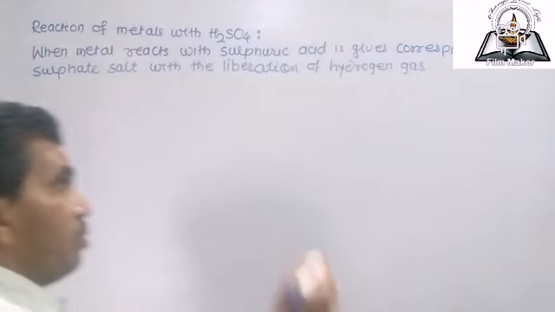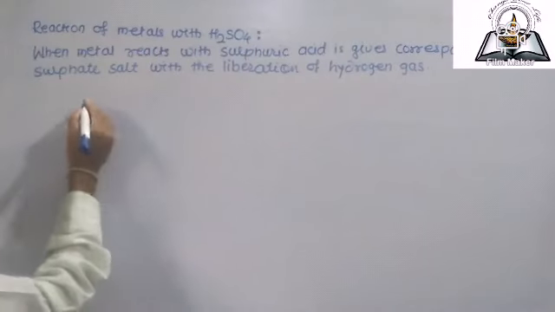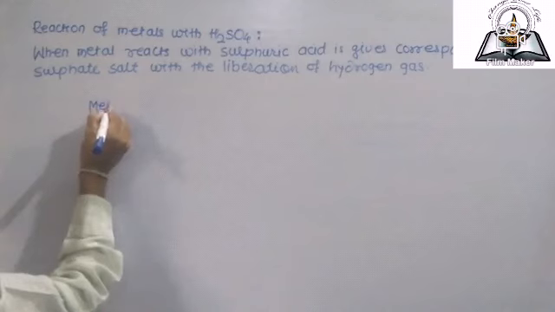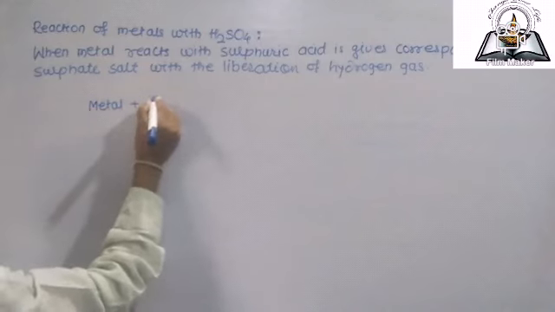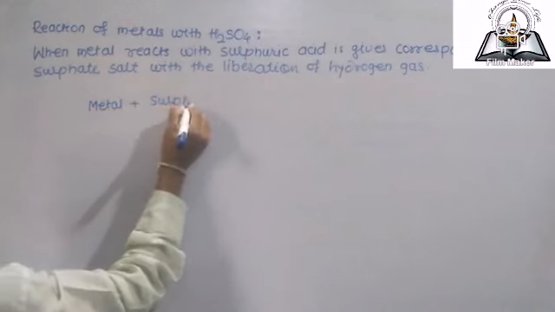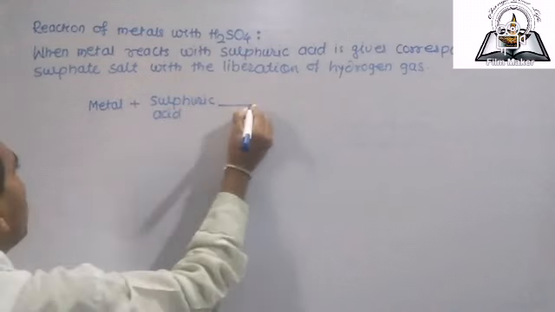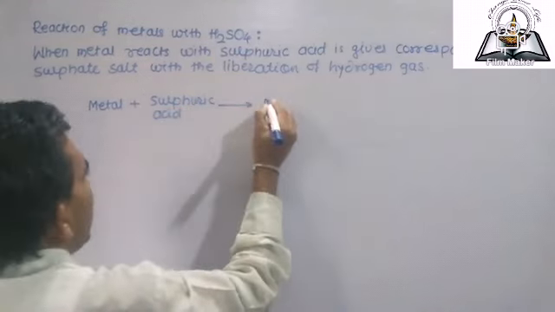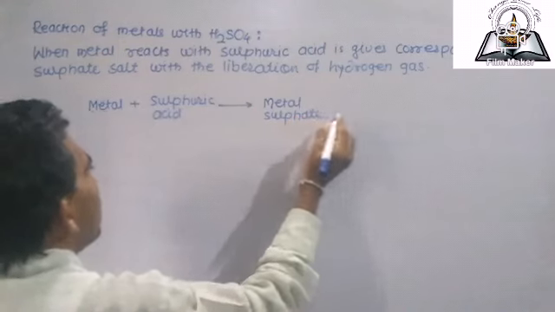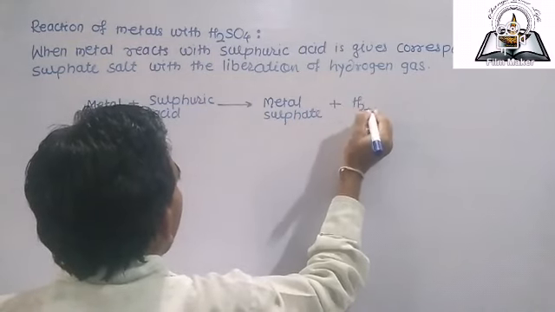Obviously, we can write the general reaction: metal plus sulfuric acid gives the corresponding metal sulfate salt with the liberation of hydrogen gas.